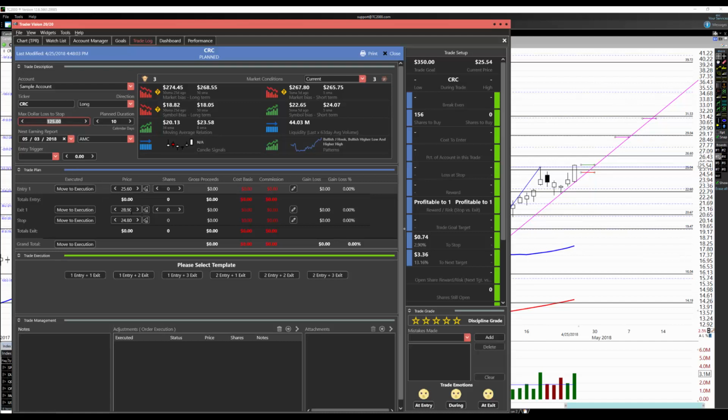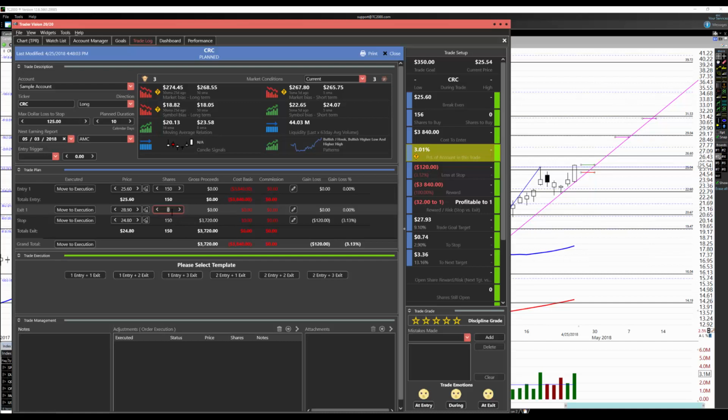If we had a 25.60 entry and a 24.80 stop, to keep our potential loss to 125 bucks or less, we can do 156 shares. Let's just do 150 because I like round numbers. If we do 150, we're risking 3% of the account, and we're actually risking $120 if we're stopped out.